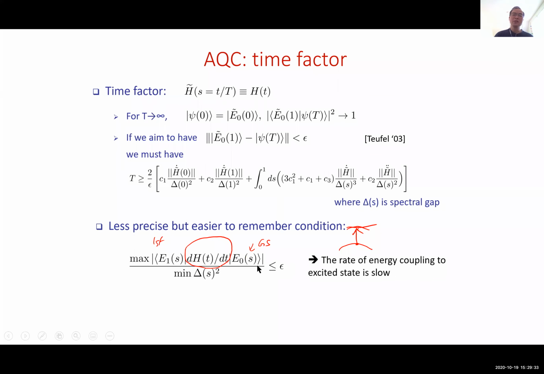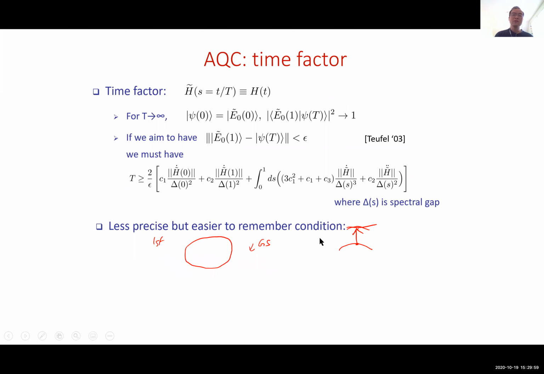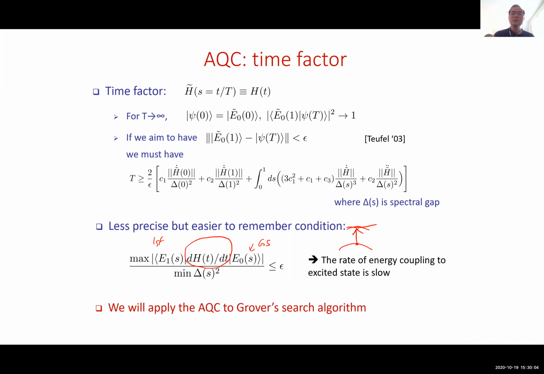We want this change to be tiny, and the question is how tiny compared to the gap. If the rate, through the derivative of the Hamiltonian, is small enough compared to the gap squared, then this condition will be satisfied.